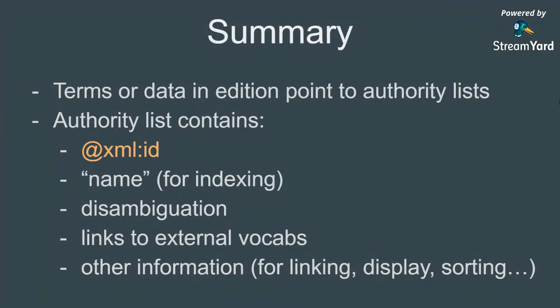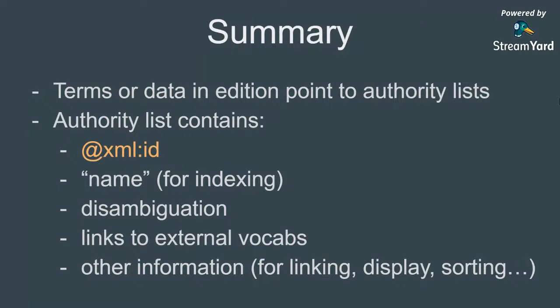So to wrap up, a small recap. Again, what are authority lists? Authority lists are lists that contain information that we want to extract from our edition or from our metadata.